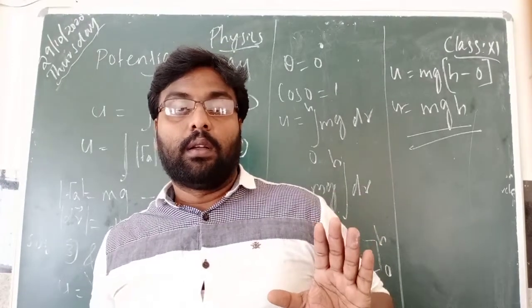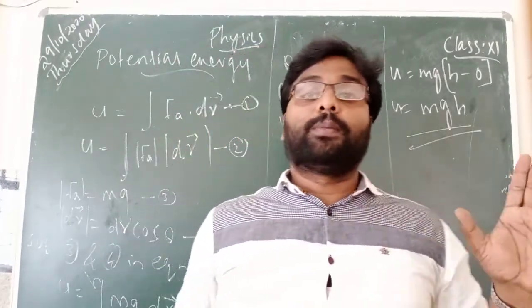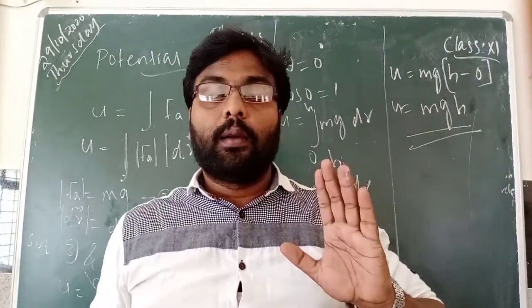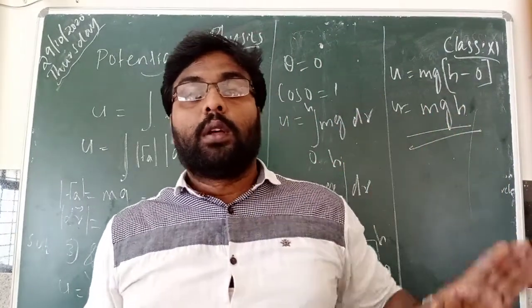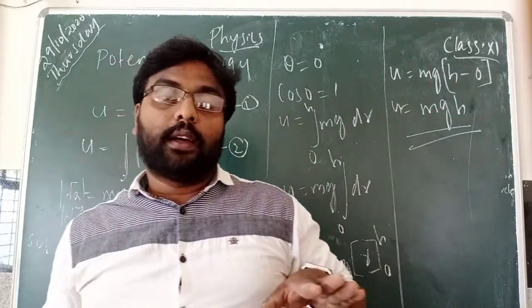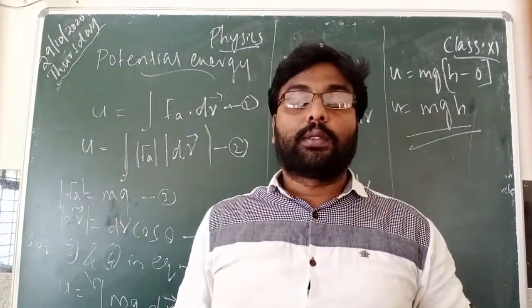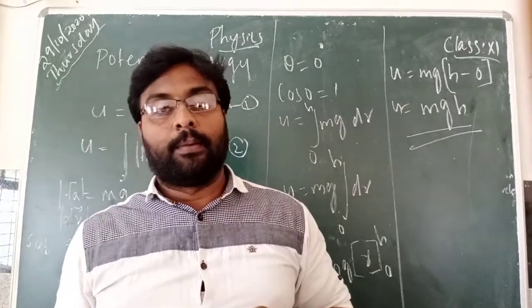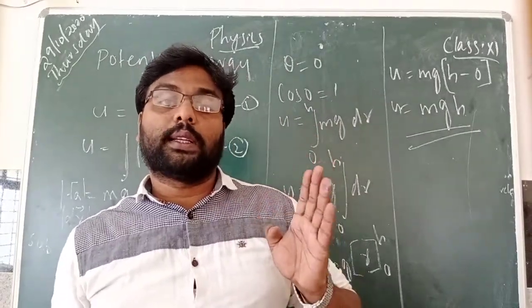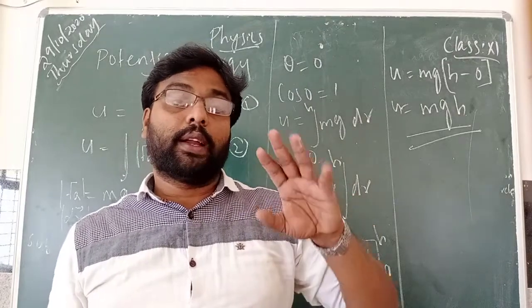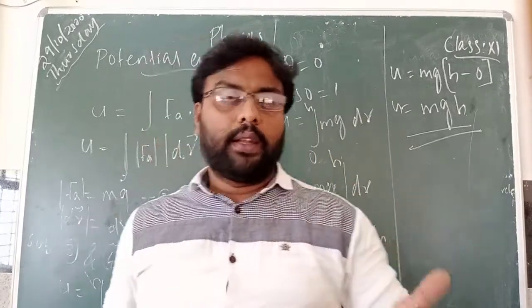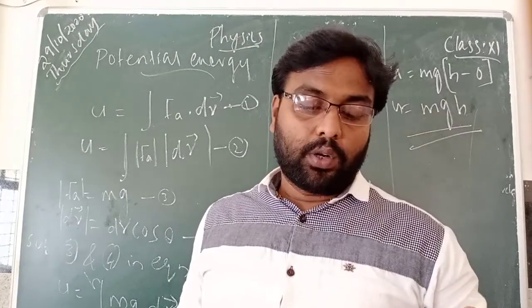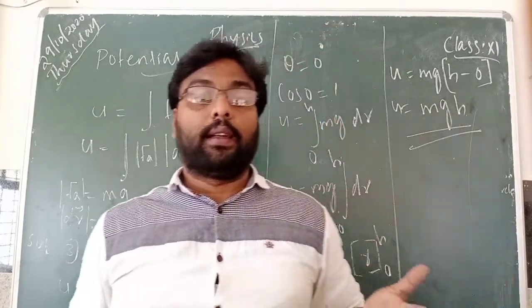Definition: potential energy of an object at a point P is the amount of work done by an external force in moving an object at constant velocity from its initial position to final position. At the initial position, potential energy is 0. You have to write this definition first, then mathematically one equation is given, u is equal to Fa dot dr.